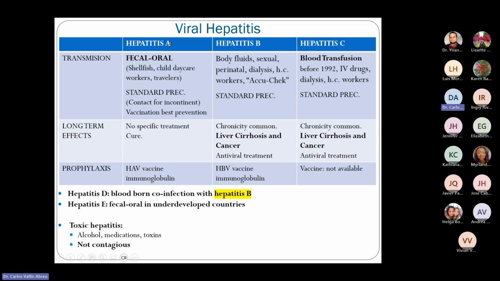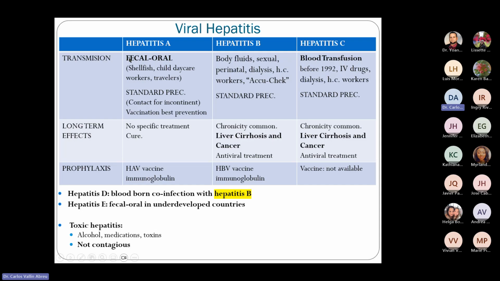But hepatitis A sometimes appears in outbreaks because there is a person that is a carrier of the virus and is shedding the virus in the feces. If this person is, for example, a worker in a restaurant or is manipulating food, they can contaminate a lot of people. The way of acquiring hepatitis A is fecal-oral.